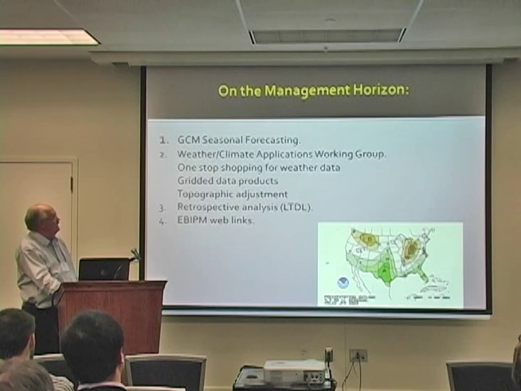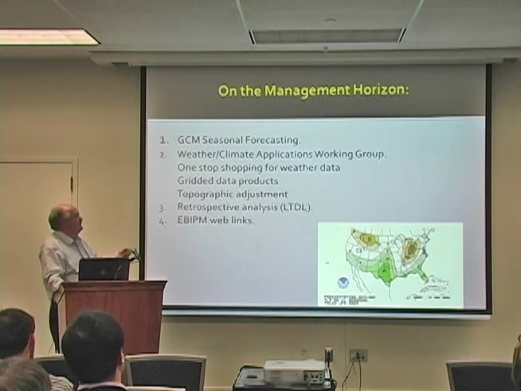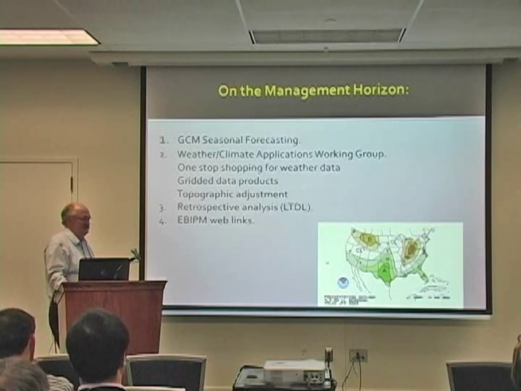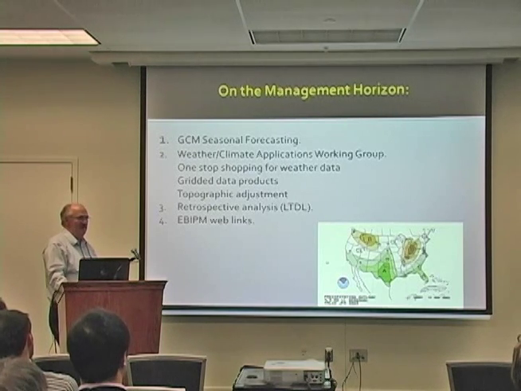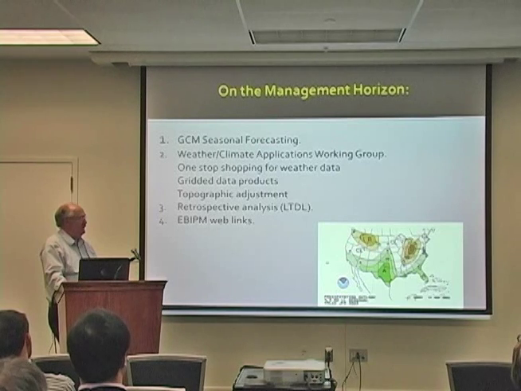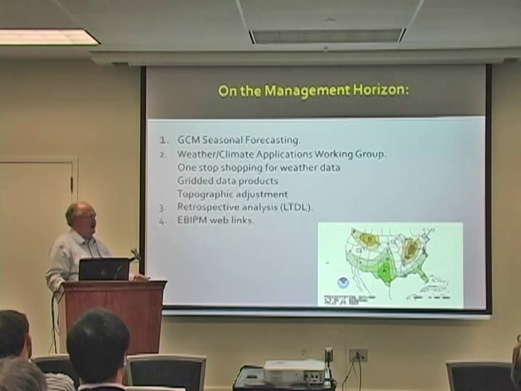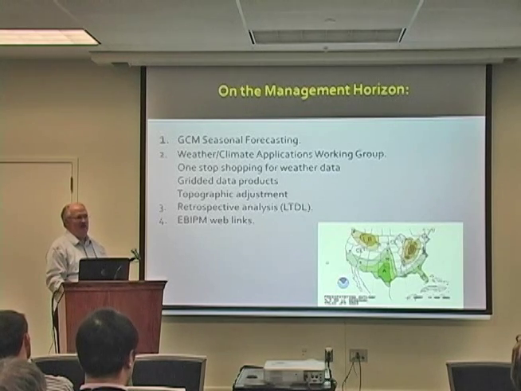Just a couple minutes on what's on the horizon. There's a lot of work going on with global climate models and climate change. Those are the same models that can be used for seasonal forecasting of what's going to happen in the spring if you're doing a fall planting. This type of information would be very useful, and they're starting to disaggregate these models to a spatial scale that's useful for active management.